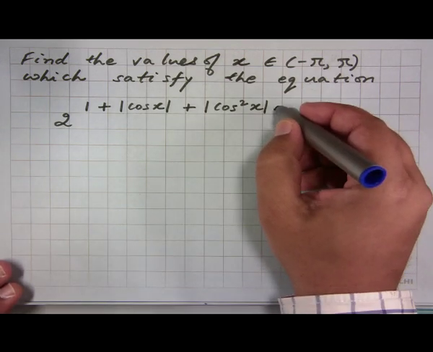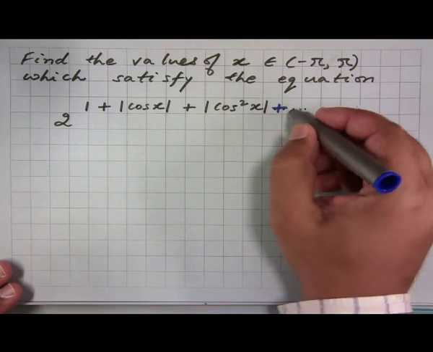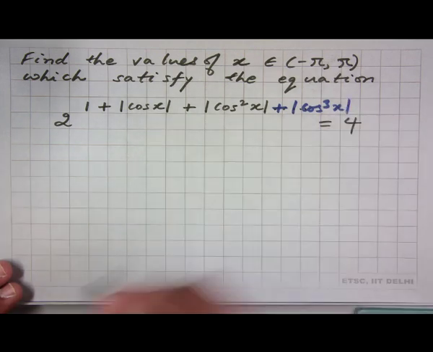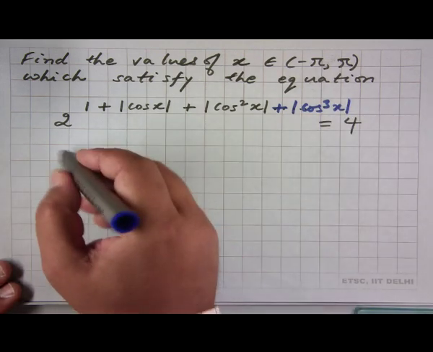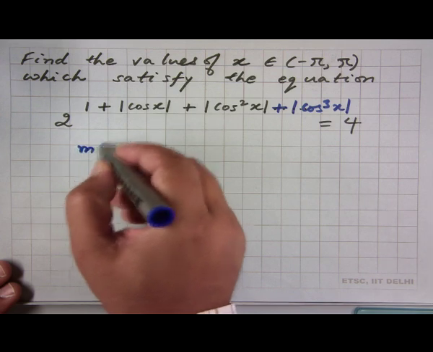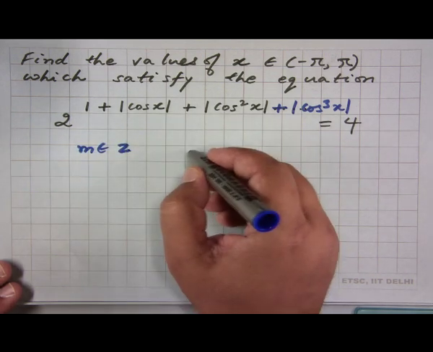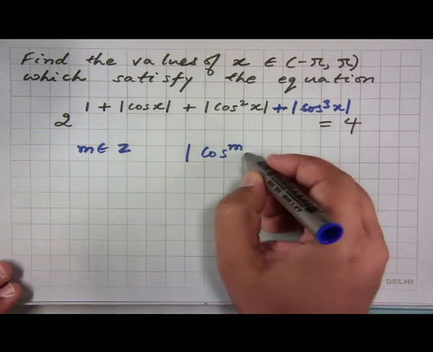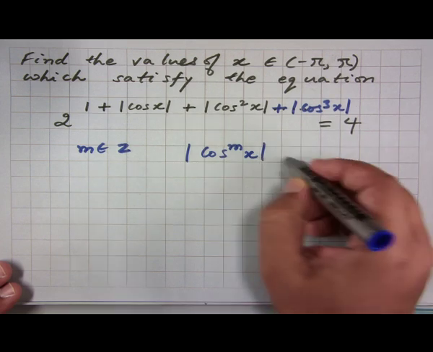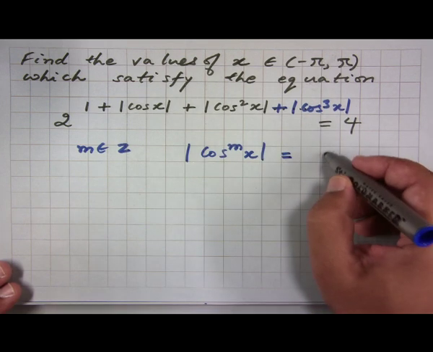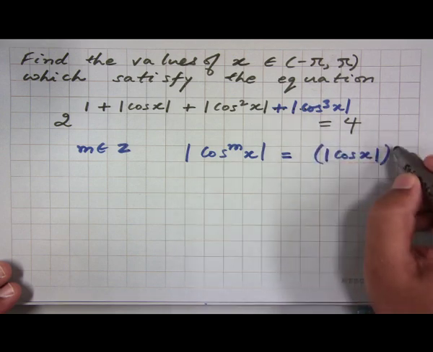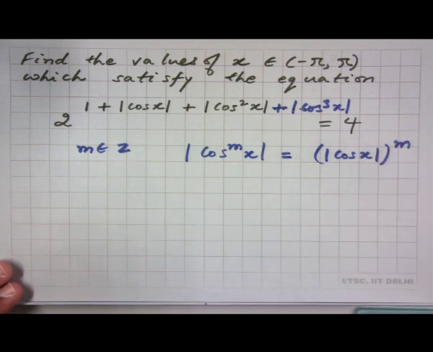So, for example, the next in the series would be mod of cos cube x. So, in general, for any integer m, it is true that mod of cos m x is the same as mod of cos x raised to the power of m.